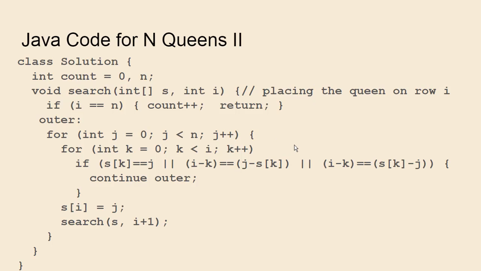Essentially, we are checking whether the two points form a 45 degree line or a 135 degree line. So either x2 minus x1 equals y2 minus y1, or it equals the negative of y2 minus y1. That's basically what we are doing here.